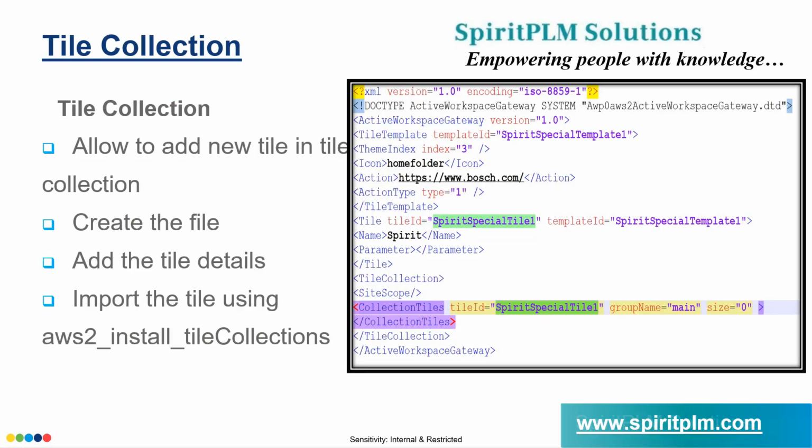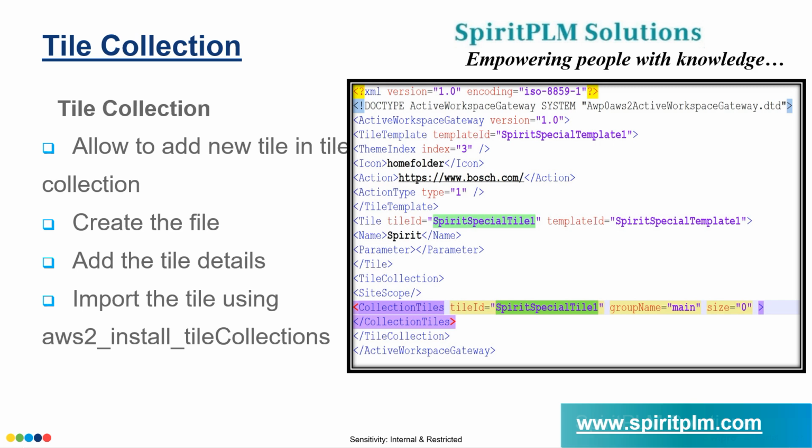Then how to add the tile in the new workspace. You know, when you create a new workspace, by default it will load a blank page, and in that new workspace, suppose you want to add a number of tiles, so how to add them in the particular workspace? At that time you need to run this utility called AWS to install tile collection.